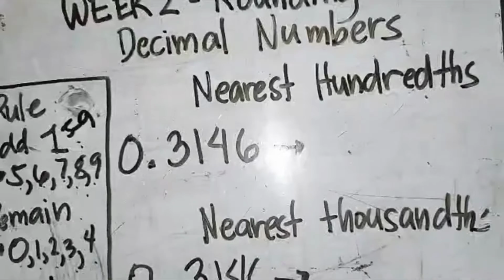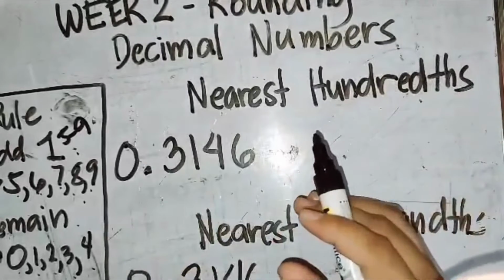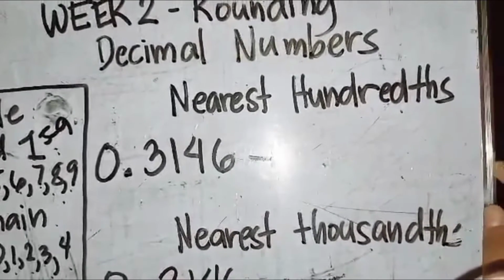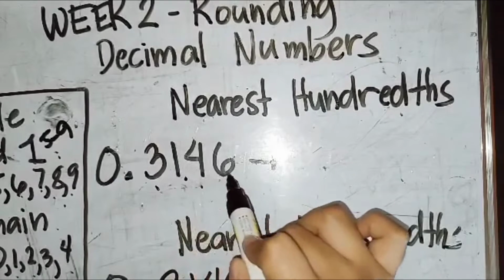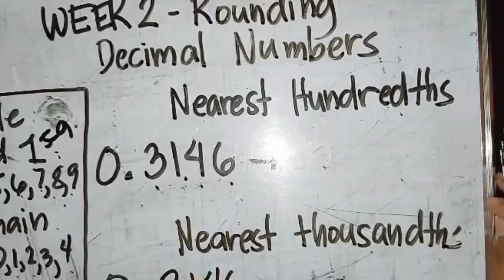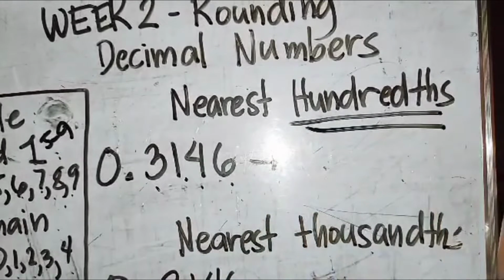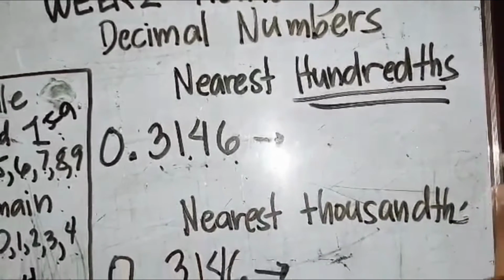Okay, let's start with the first example. Nalaman nyo na last week yung ating place value. So, we have here tenths, hundredths, thousandths, and 10,000ths. Okay, so ang aalamin nyo, kasi una nating ibinigay sa example ay hundredths. So, which one here is in the hundredths place?